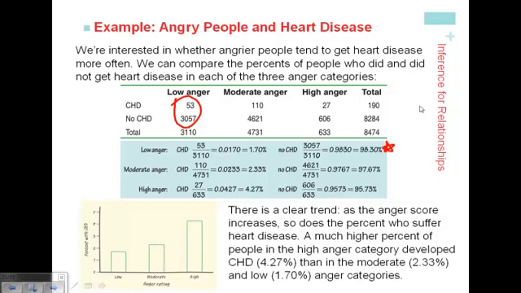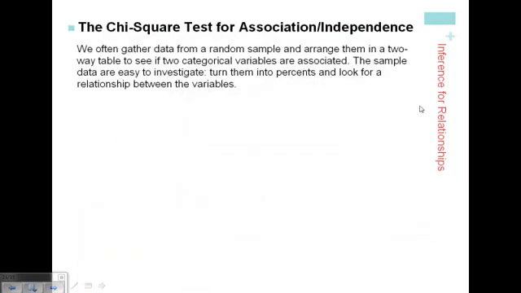Continuing on. So, finishing off the idea. The chi-square value tells us that there's something going on. The p-value says it's significant. The graph, using the conditional probabilities, tells you in what direction that relationship is. In this case, low anger, less heart disease, high anger, more heart disease. A relationship, not necessarily a causal relationship. All right.